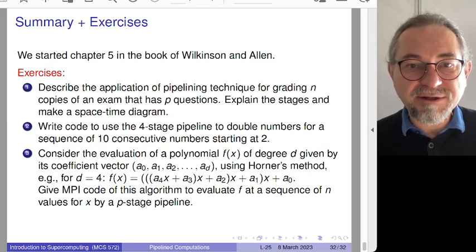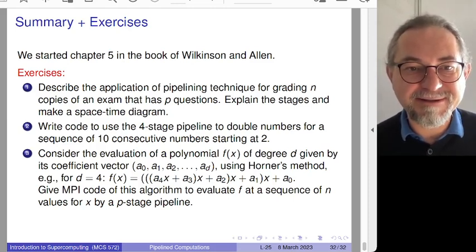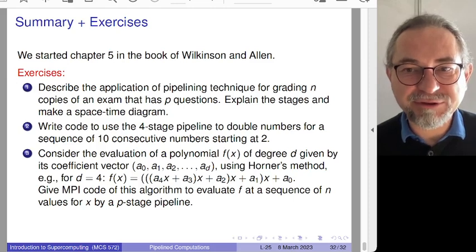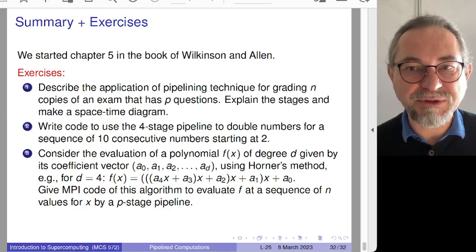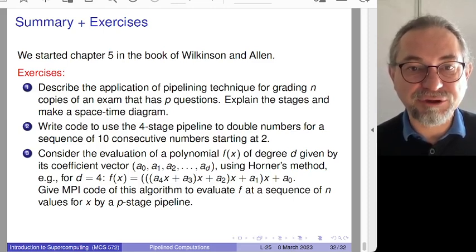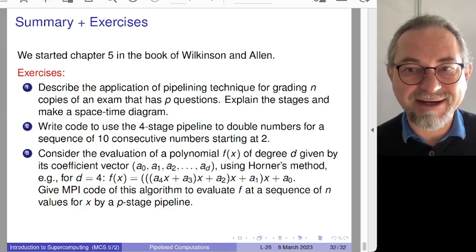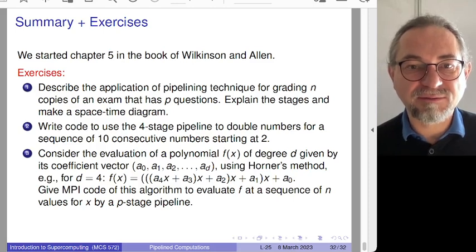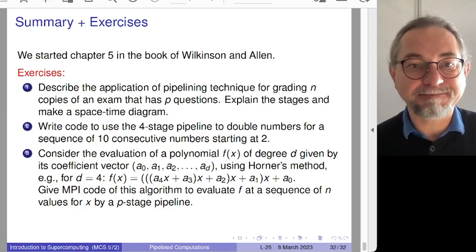Okay, so there are some exercises that are written down here. If you have been a TA for a large lecture, then you must have been a processor, a grader in a pipeline. So pipelining has, of course, the benefit that it allows for specialization. In the grading of an exam, you could specialize in that one particular question. It also allowed for fairness in the grading.